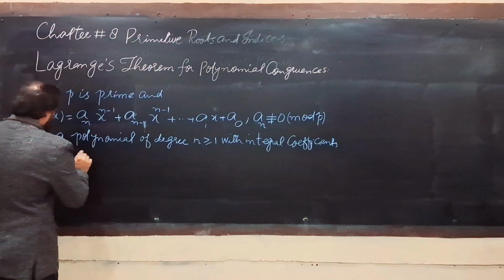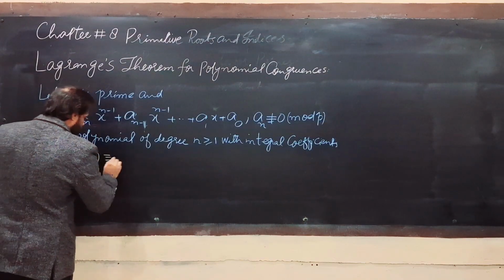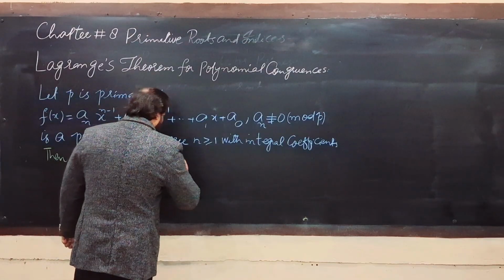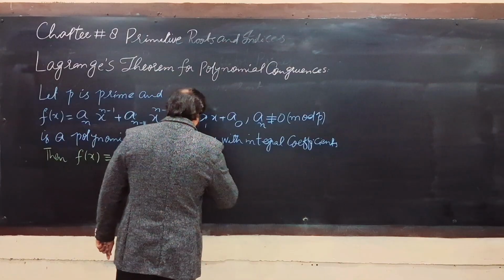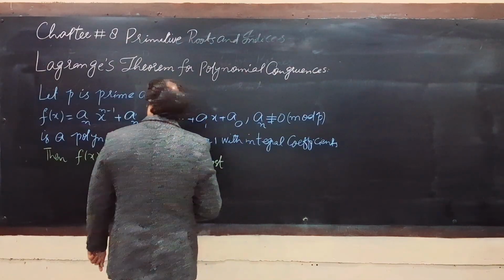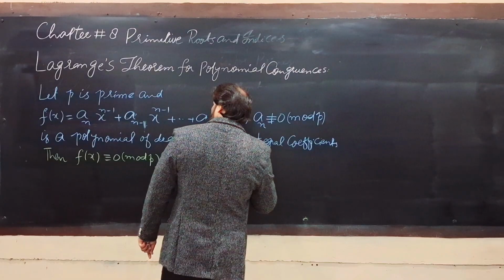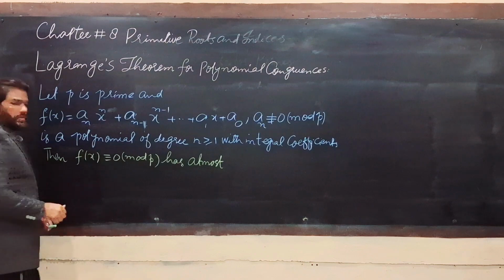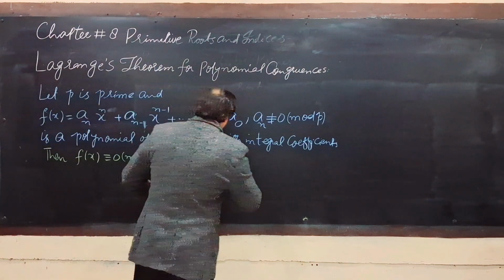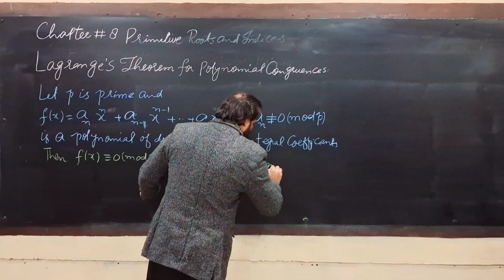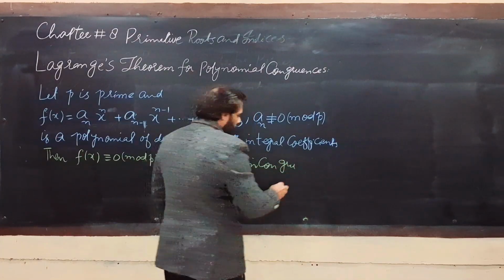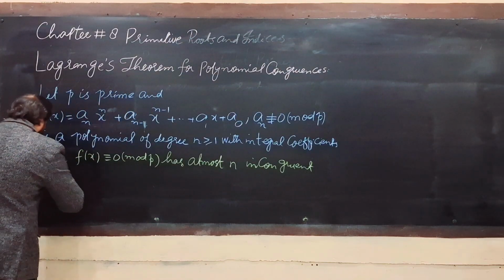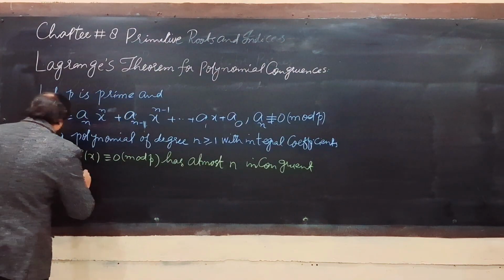Then the congruence f of x congruent to 0 modulo prime p has at most n incongruent solutions modulo p.